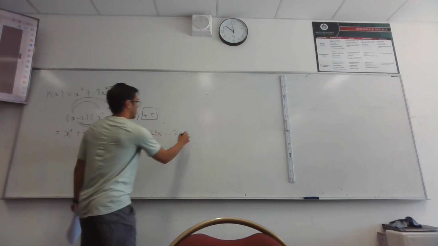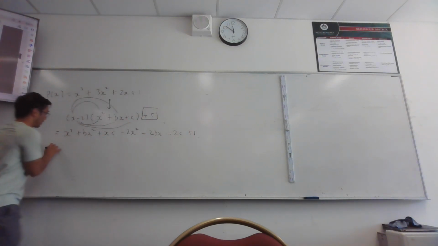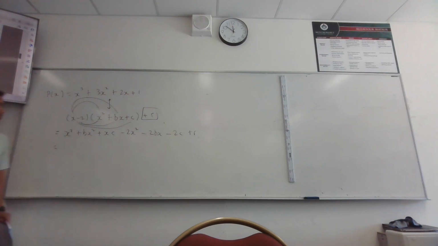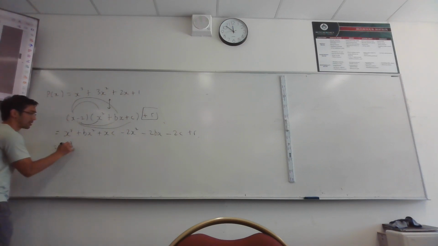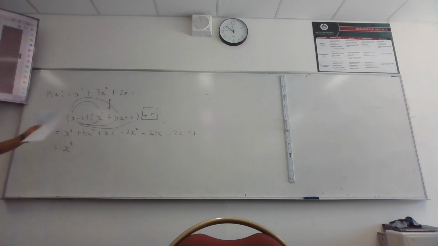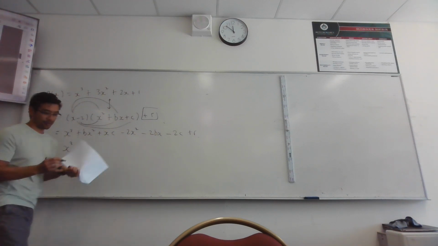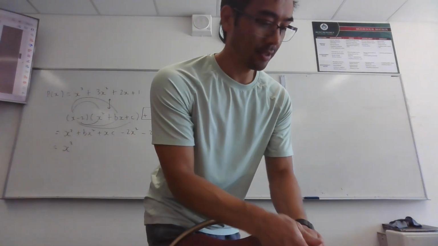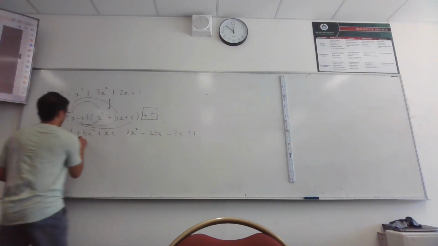So all this, we need to clean things up. Does x cubed have any friends? Any family on the dance floor? No family. bx squared, any family? No. Okay, so we've got family here, the negative 2x squared.